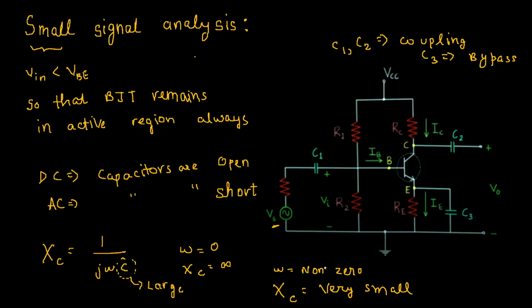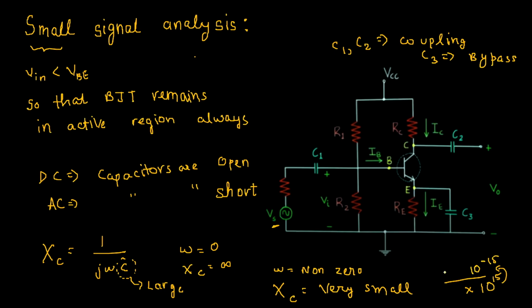But now what happens is, if your omega is a non-zero value, the capacitor which is in the denominator tends to make it such that the impedance is very small. So let's say we have a capacitor which is in the order of 10 to the power 15. On going to the numerator, it becomes 10 to the power minus 15.